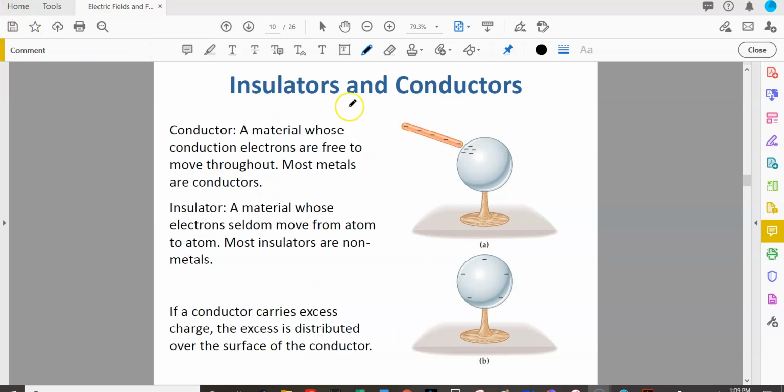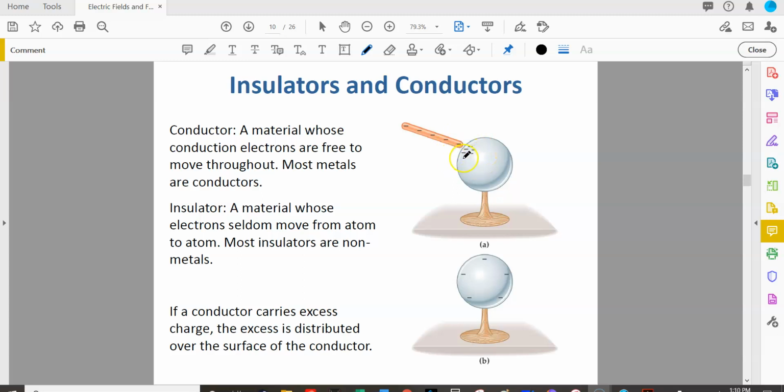And so here are some better slides to describe what is happening. If you take a negatively charged rod, and we'll talk about how you can make an object become negative or positive, it's called charging an object. So if you take an object that has an excess of electrons on it, and you bring it close to a conductor, it's going to dump those electrons here.